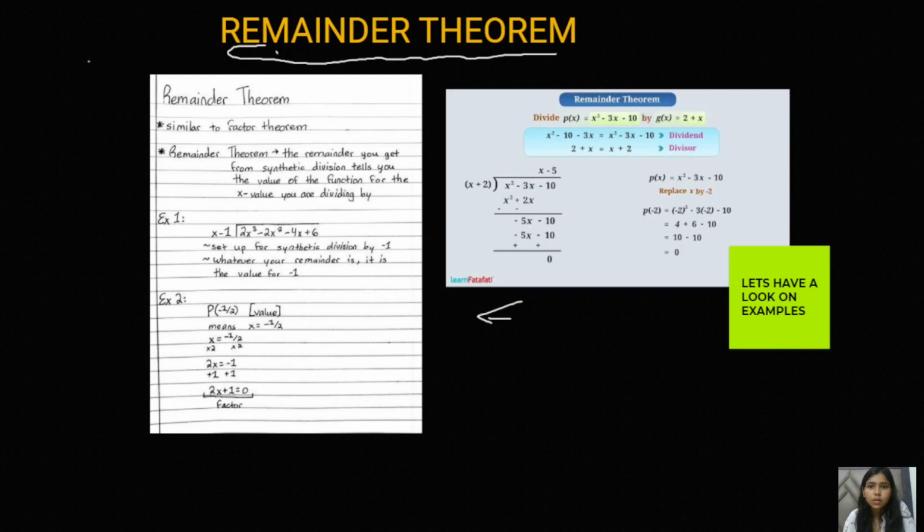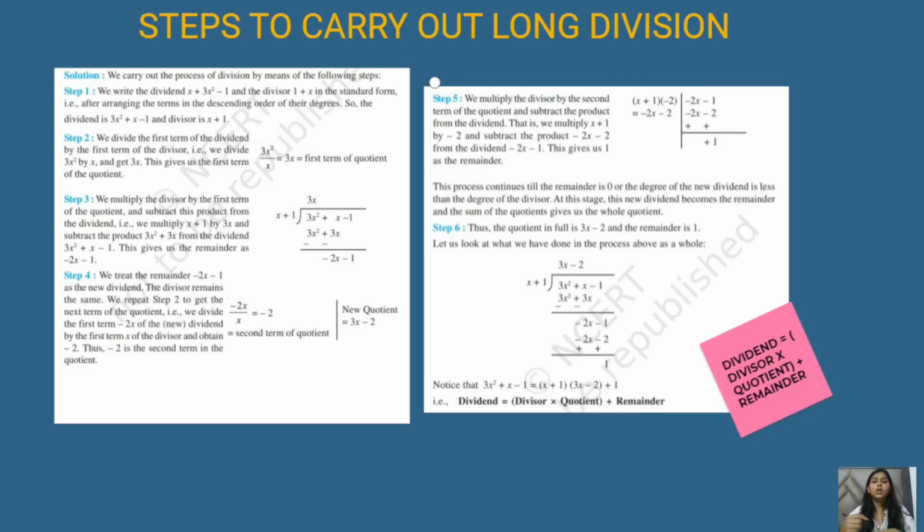Okay, x square minus 3x minus 10 by x plus 2. Let's solve on another sheet. First of all, we'll discuss the steps to carry out the long division. Then we'll take an example and carry out this long division process. Let's have a look at these steps.